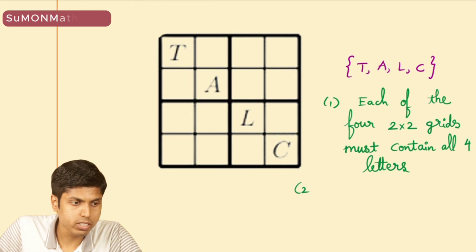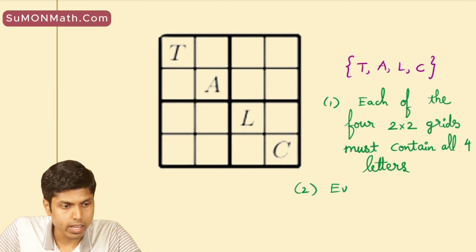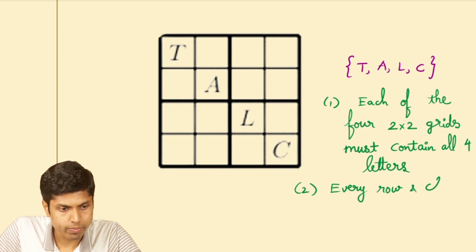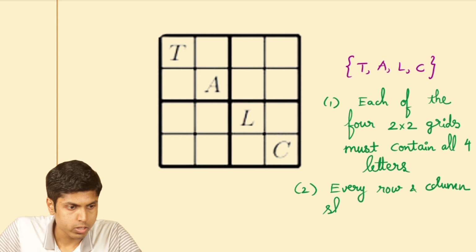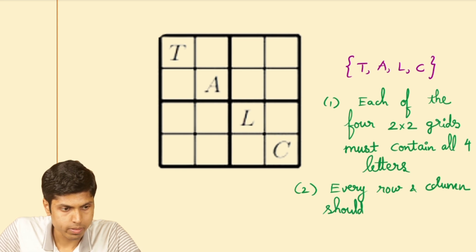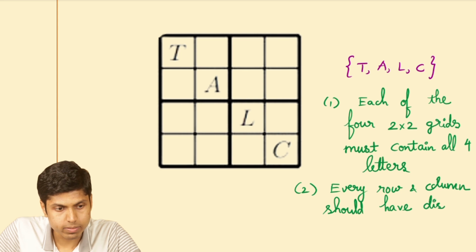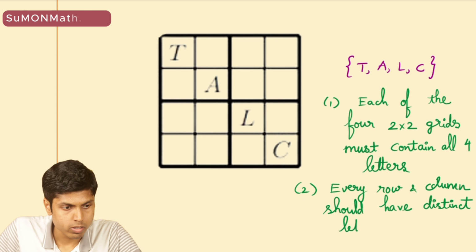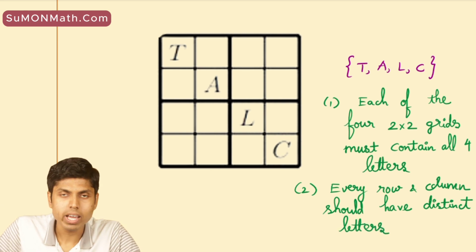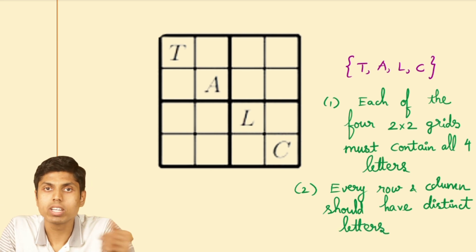And the second condition is that every row and every column should have distinct letters. Alright, so we can make an immediate inference out of condition 2.